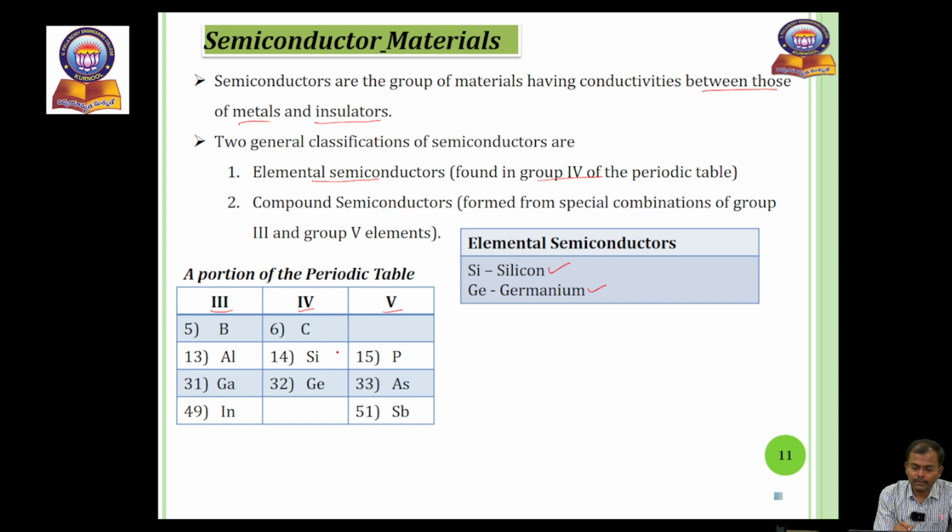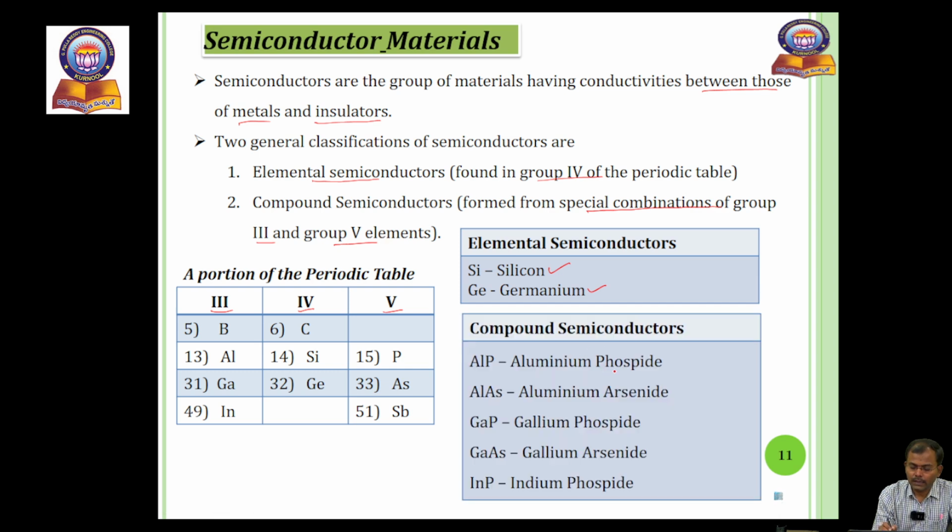Then the second type is compound semiconductors. They are formed from a special combination of third and fifth group elements. Like aluminum phosphide, aluminum arsenide, gallium phosphide, gallium arsenide, indium phosphide.